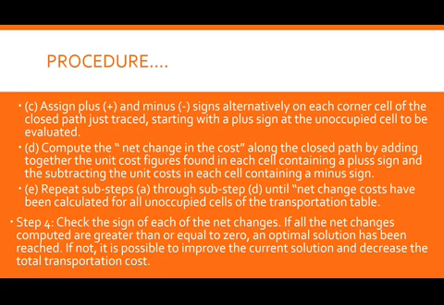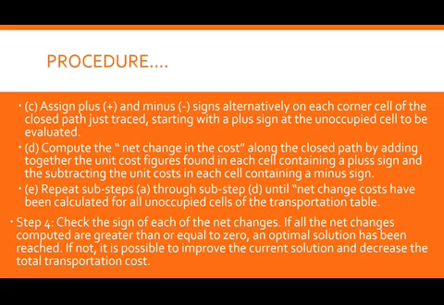You are supposed to find that loop for all unoccupied cells. For all the loops, you calculate the positive, negative or zero value that you get. Once you have done it for all the unoccupied cells, we will move on to step number 4.